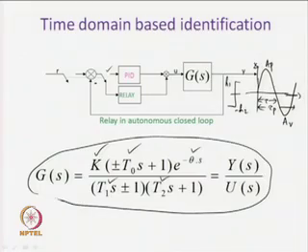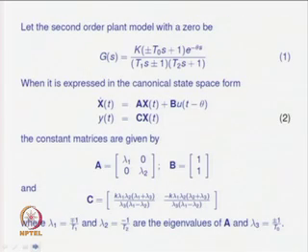We have studied in our earlier lecture the state space model of this second order plus dead time transfer function model. That I will not repeat, where we find that the A, B, C, D constants will have the variables lambda 1, 0, 0, lambda 2 for A, and B will be a vector of elements 1 and 1, whereas C will have the variables lambda 1, lambda 2, lambda 3, k.